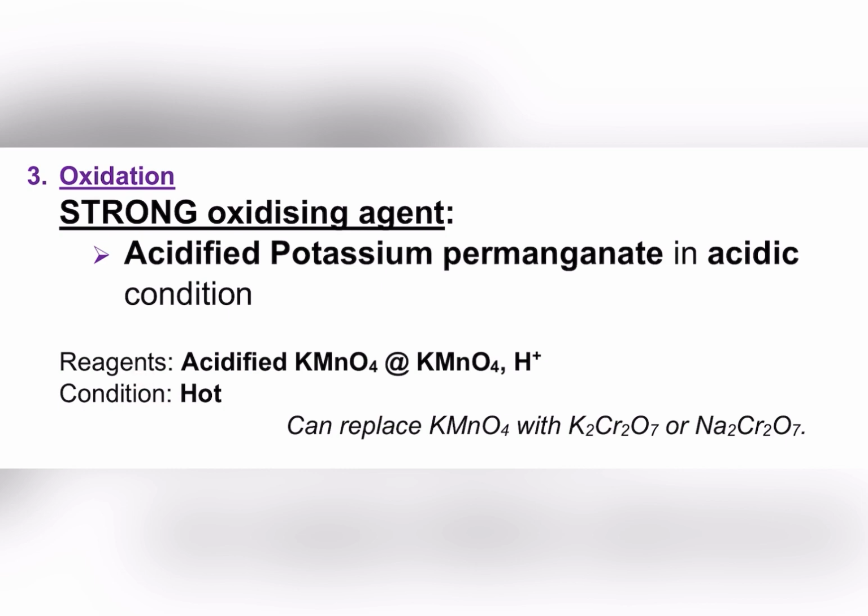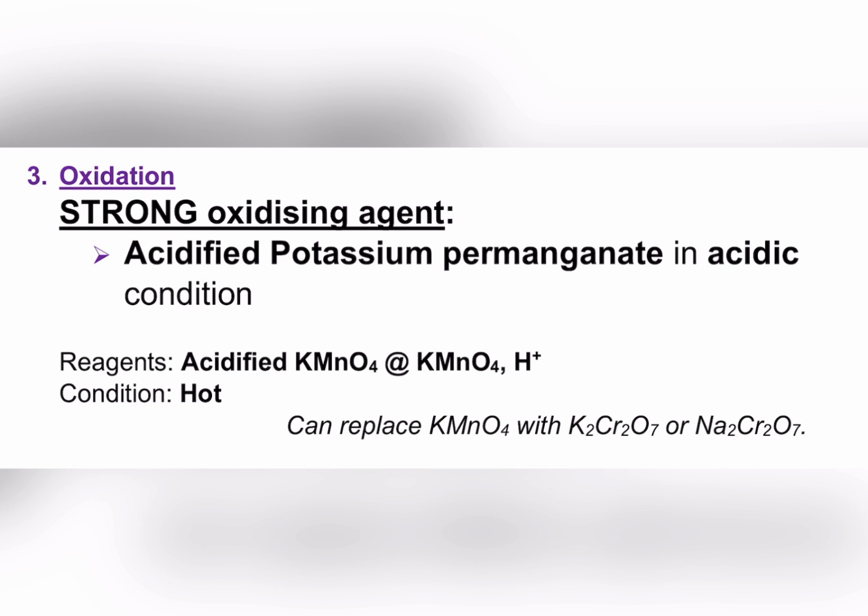The reagent is acidified KMnO4, or you can write it down as the chemical formula KMnO4, H+. H+ indicates the word acidified. And the next one, the condition is hot. You can also replace KMnO4 with potassium dichromate or sodium dichromate. But here I'm going to show it using one oxidizing agent.